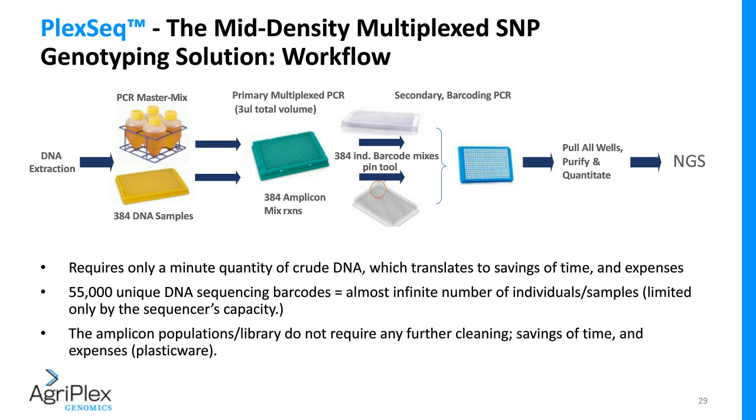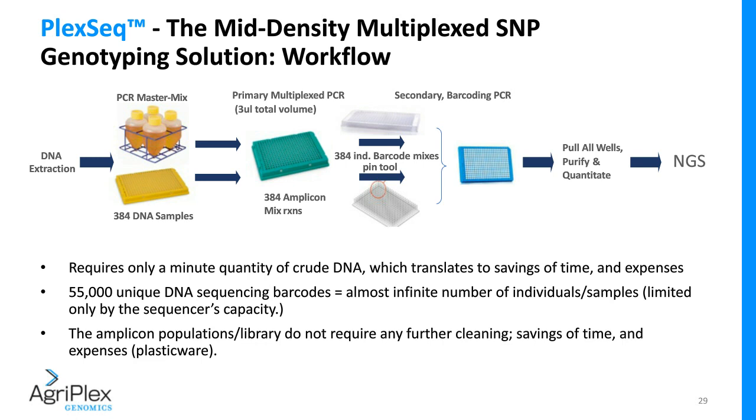It is only limited by the sequencer's capacity. After this round of thermocycling is completed, we are pooling the different barcoded amplicons into just one container. And the pool is purified and quantified, and it's uploaded for sequencing on Illumina next generation sequencers.